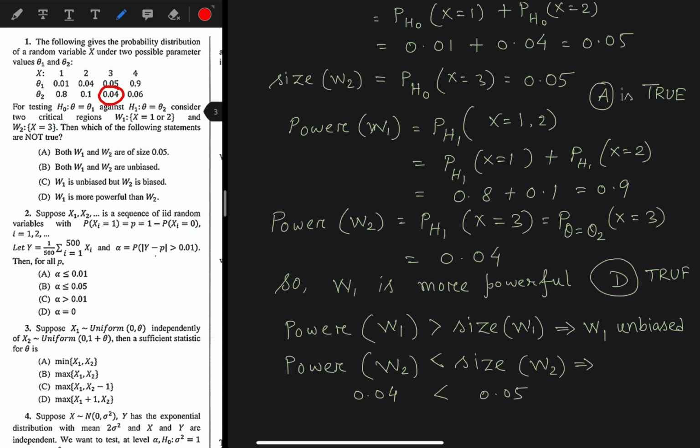Obviously 0.04 is less than 0.05, so W2 is biased, as we know that if the power is less than the size, then the test is biased. So in option C, W1 is unbiased whereas W2 is biased. Obviously option C is also true.